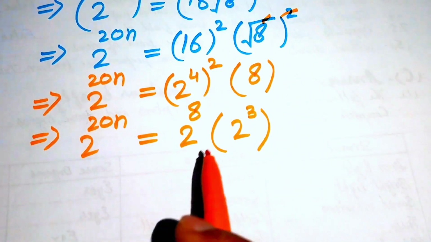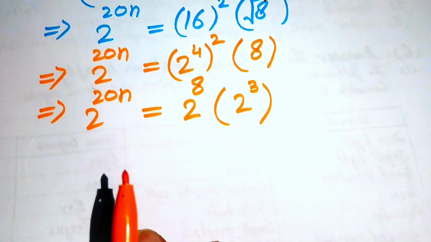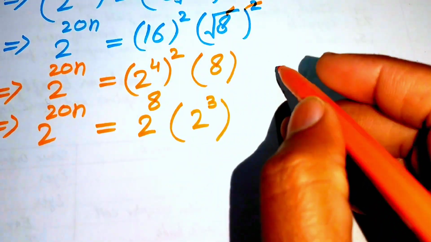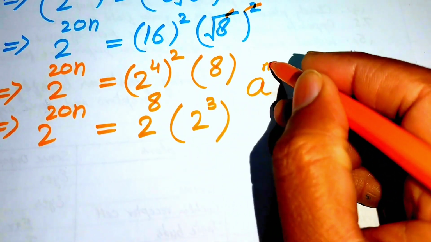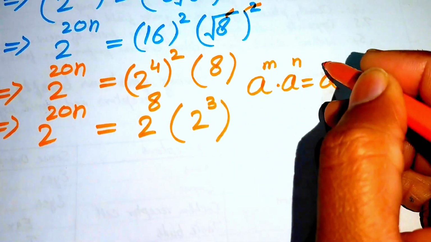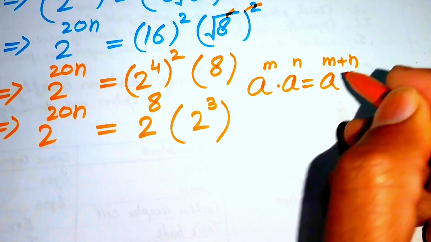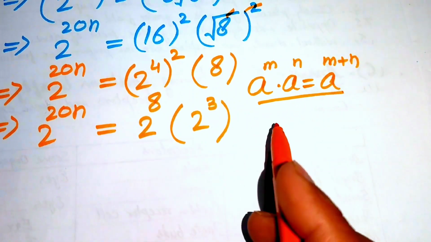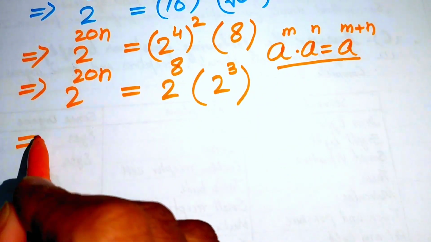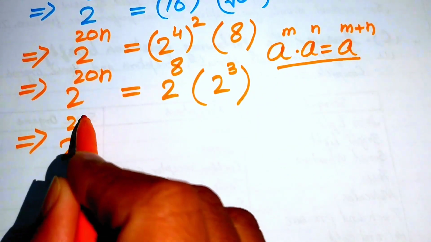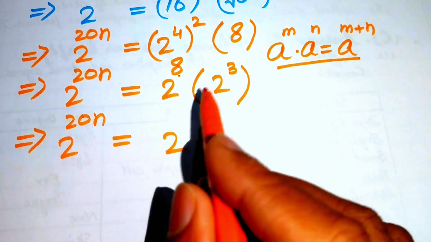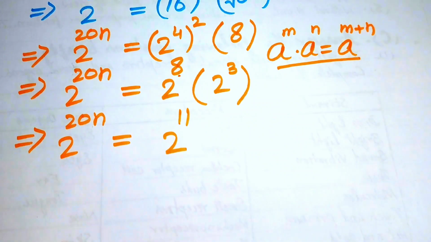You see that the bases of both of these terms are same, so we use this exponential law: a to the power of m multiplied by a to the power of n equals a to the power of m plus n. We use this exponential law in the right hand side of this equation, and we get 2 to the power of 20n equals 2 to the power of 8 plus 3 is 11.